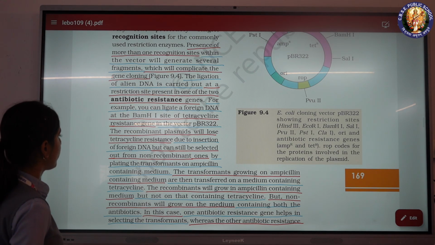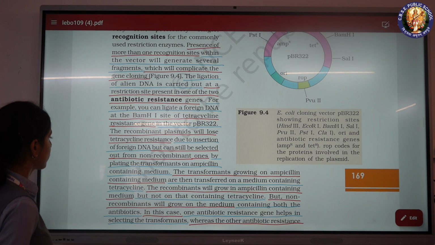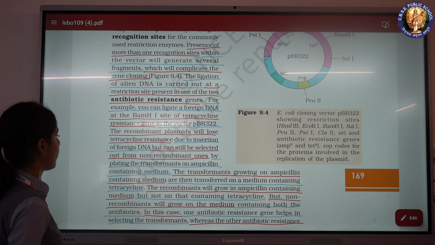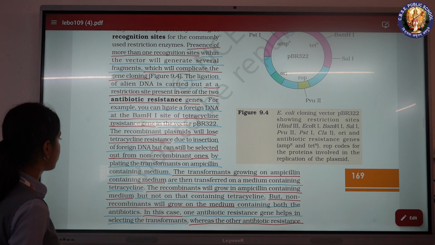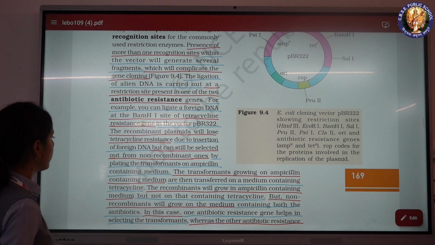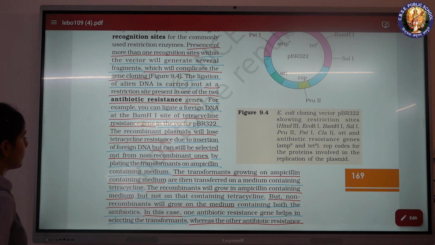The transformants growing on ampicillin containing medium are then transferred on a medium containing tetracycline. The recombinants will grow in ampicillin containing medium, but not on that containing tetracycline. But non-recombinants will grow in a medium containing both the antibiotics.